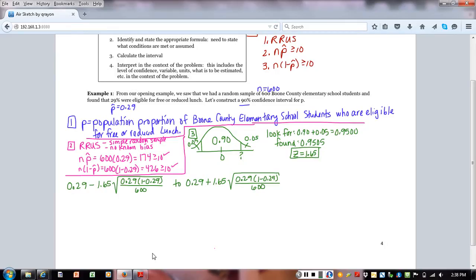And then I just need to do the math here. So making sure you know your order of operations, the first thing I'm going to do is take the square root. I'm going to show maybe a little bit more work here than you need to. I'm going to carry a few more decimals to make sure I don't lose too much to rounding here. So that standard error is 0.018525.